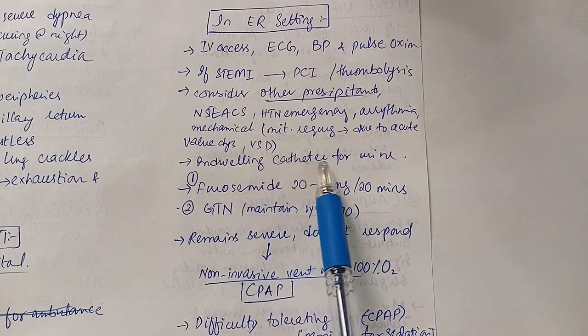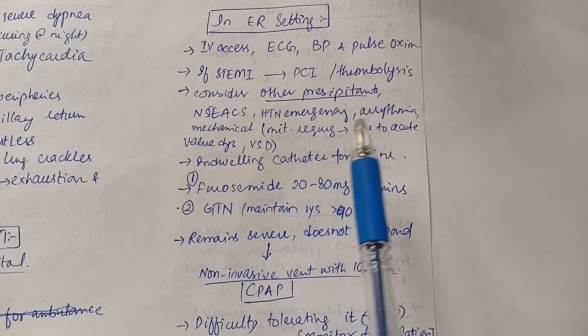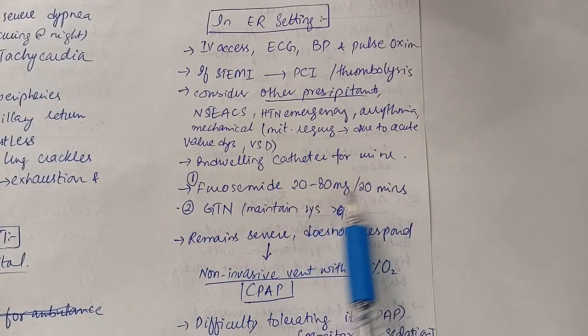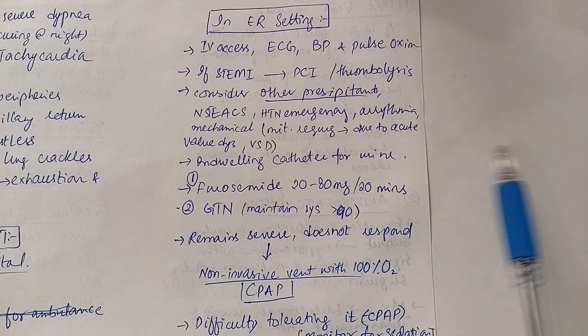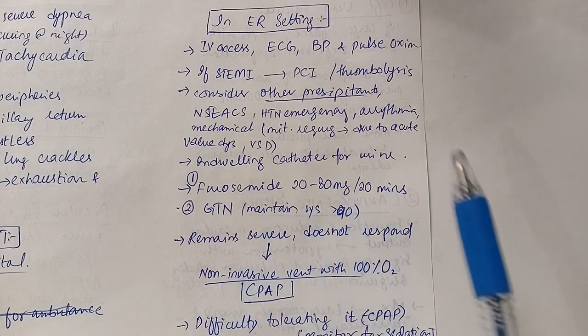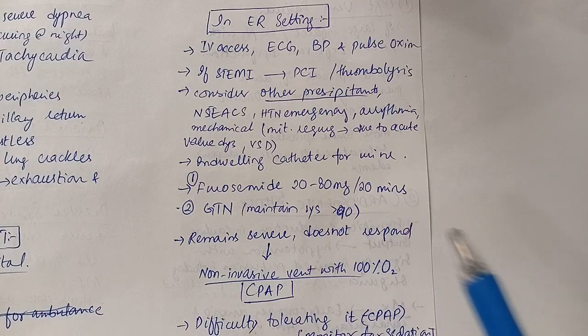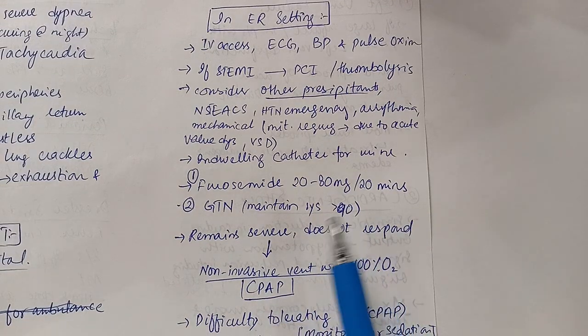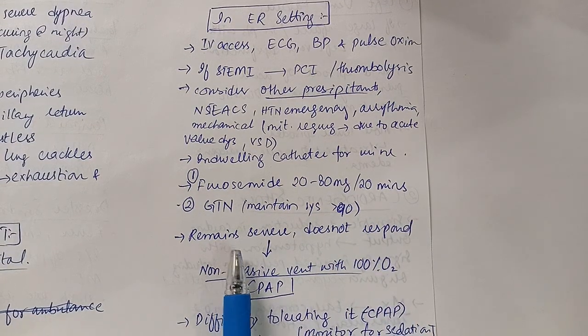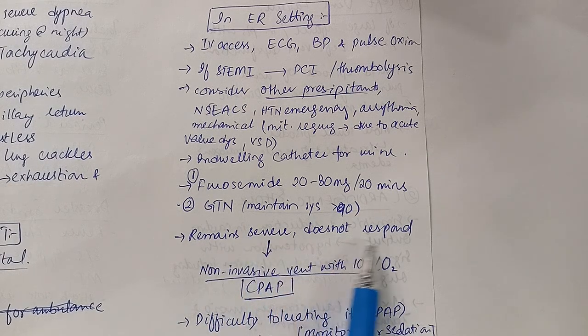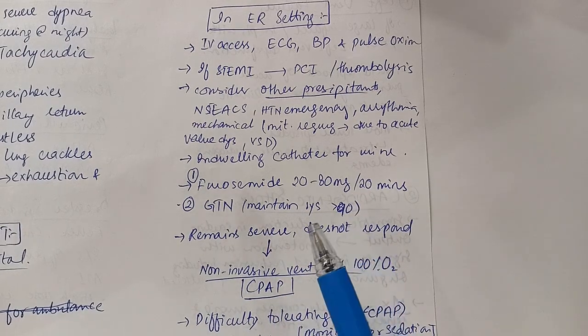We would pass an indwelling catheter for urine, and 20 to 80 milligrams of furosemide is given every 20 minutes, along with glyceryl trinitrate, to maintain systolic blood pressure more than 90. If the acute cardiogenic pulmonary edema remains severe and does not respond, we are going to do non-invasive ventilation with 100% oxygen, that is CPAP.